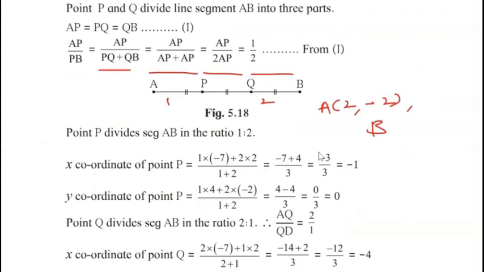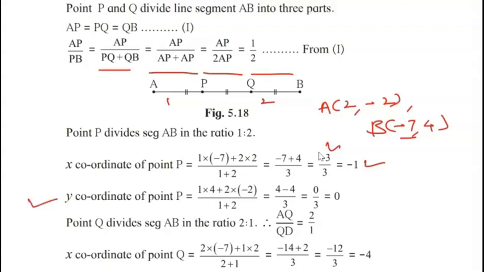Now the formula for the x coordinate of the point P: mx2, x2 is -7, plus nx1, x1 is 2. Simplification: 1 into -7 is -7, 2 into 2 is 4, 1 plus 2 is 3. After simplification you will get -3 upon 3. You will get the x coordinate of the point P as -1.